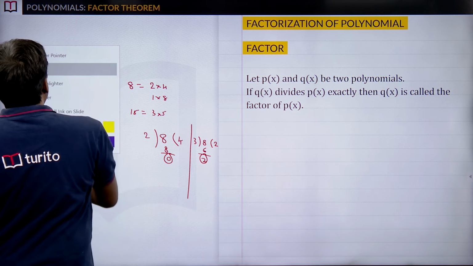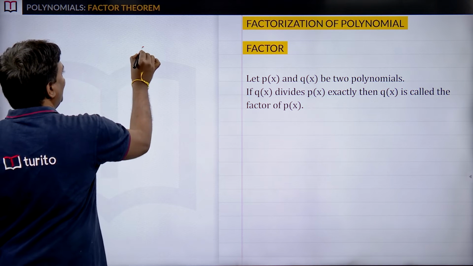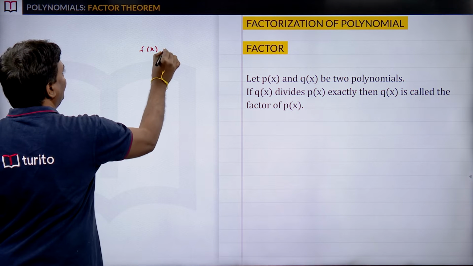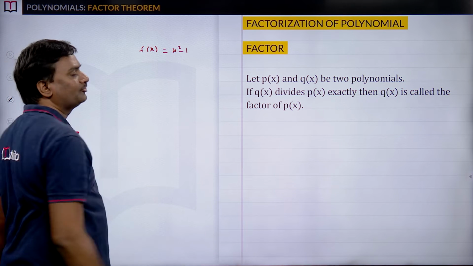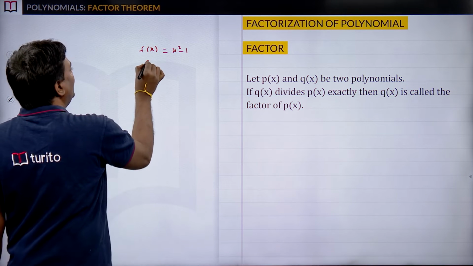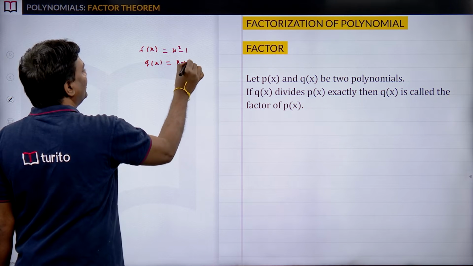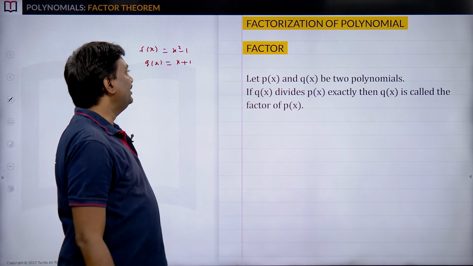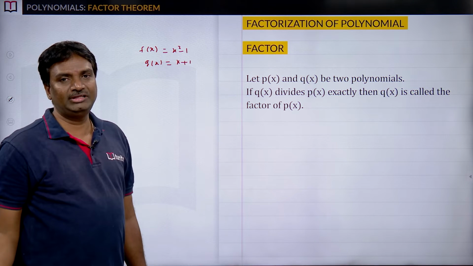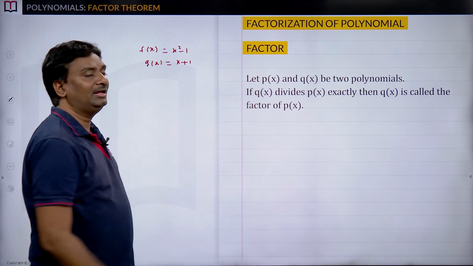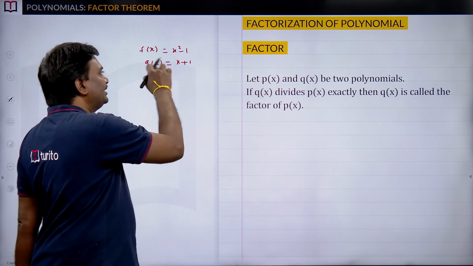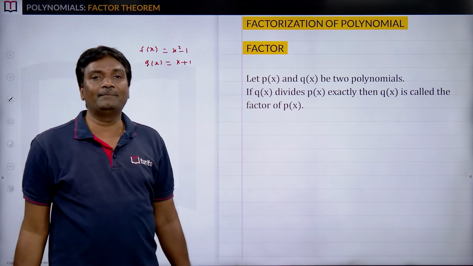So, for example, if we take first polynomial is f of x equal to x square minus 1, and second polynomial is g of x equal to x plus 1 or x minus 1. Divide x square minus 1 by x plus 1. Here my question is, check whether x plus 1 is a factor or not of x square minus 1.